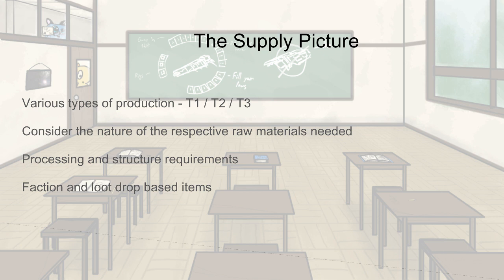Now, you don't necessarily have to know every single bit of information, but if you can at least identify, oh, you know what, that's kind of low for its average price, I might want to buy some extra of that and sell it later, or hold on to it and do my own production several weeks from now. Something like that. Be familiar at least with the pricing. Be familiar with how much of this stuff typically gets into the market as far as volume is concerned. All right, that's something to consider.